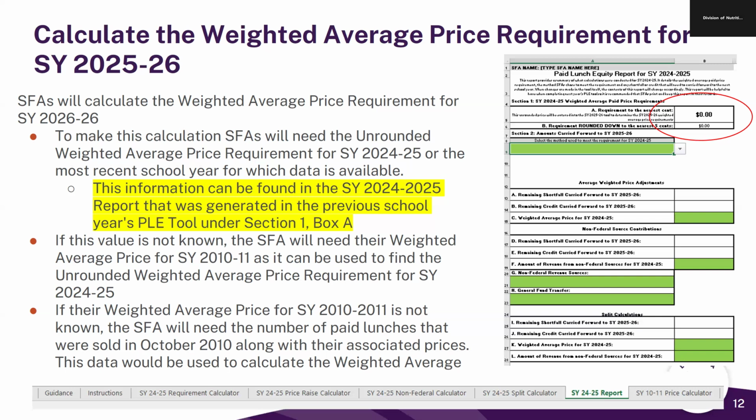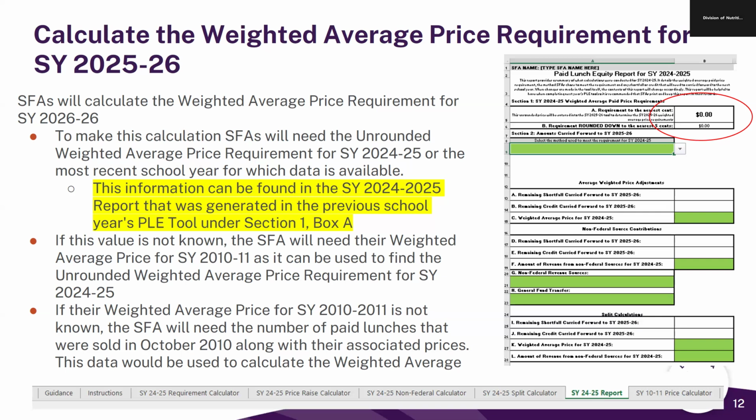If this value is not known, the SFA will need their weighted average price all the way back to school year 2010-2011, as it can be used to find the unrounded weighted price for 24-25. So if you do not have your 24-25 tool or your report saved, you will need to use the calculator that we'll discuss in a couple of minutes to go all the way back to 2010-2011 to get that unrounded weighted average price for 24-25.